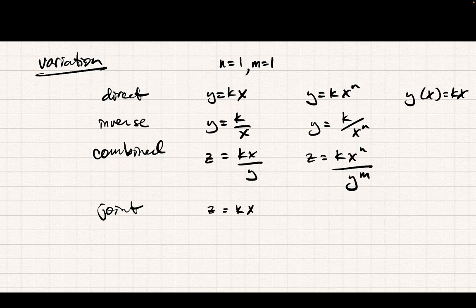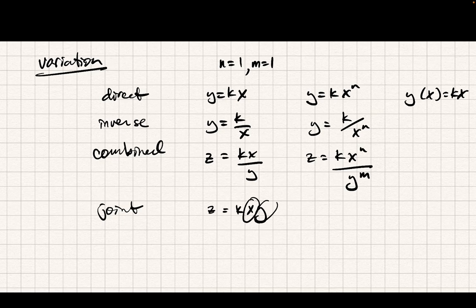So the idea for joint is multiplying each one. Joint means it's jointly direct variation, so it's proportional to x and y. So combined means I have something that's direct and something that's inverse.